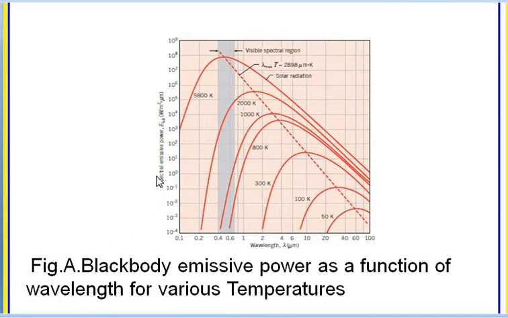According to this graph, the maximum spectral emissive power is displaced towards the shorter wavelengths with increasing temperature, and as shown here, the wavelength goes on reducing so as to give the higher spectral emissive power.